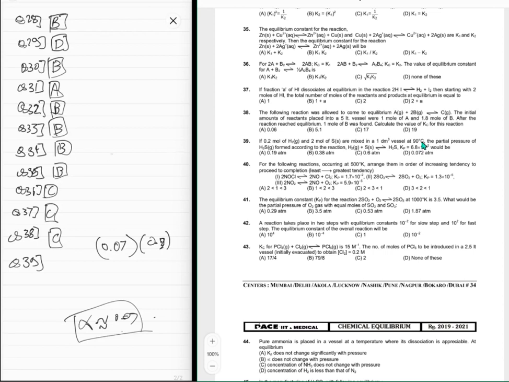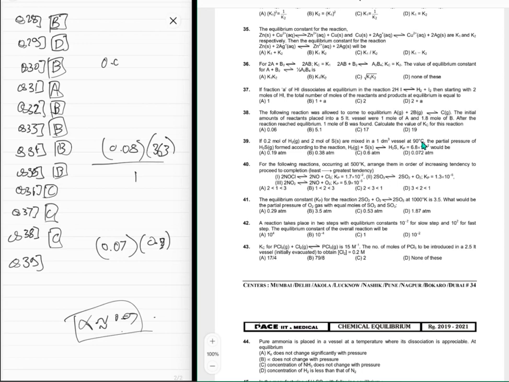R will be 0.082 or 0.083, whatever you want, times temperature. 90 degrees Celsius is 273 plus 90, that is 363, something like that, upon V, and V is just 1, so we don't have to worry about that. That times this n thing.